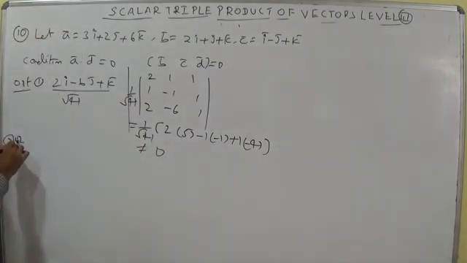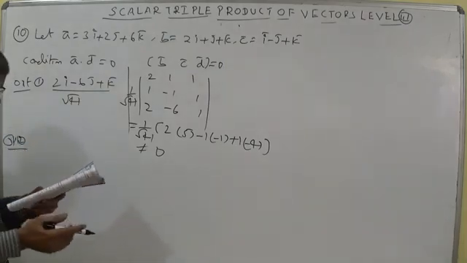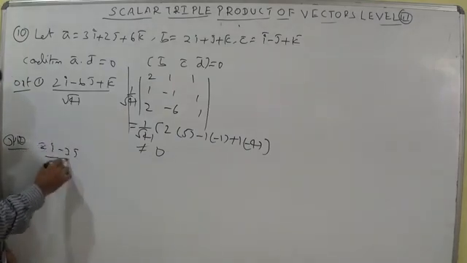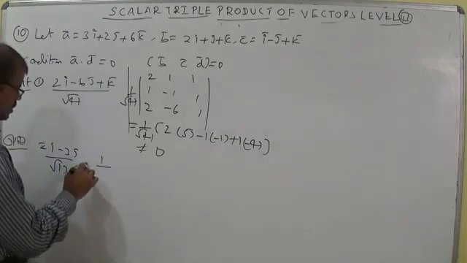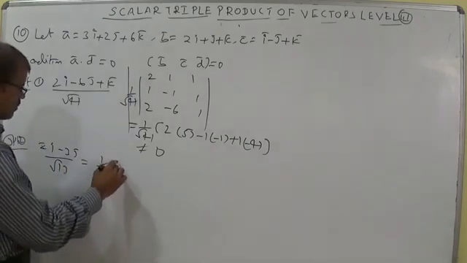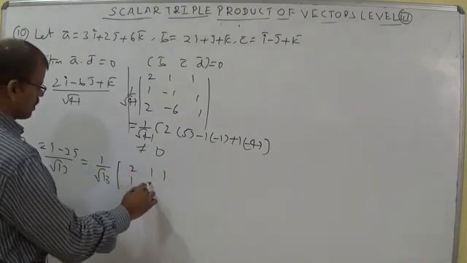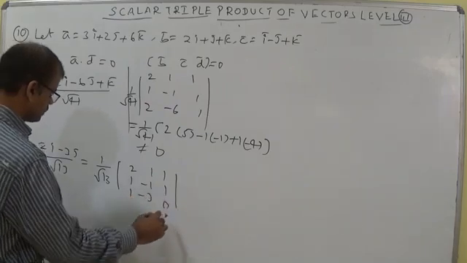Let us discuss the second option. Second option, using the coplanarity condition: 2i minus 3j by root 13. Using the same data, 1 by root 13 into the determinant of 2, 1, 1; 1, minus 1, 1; and 2, minus 3, 0.